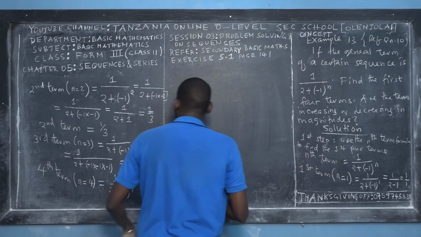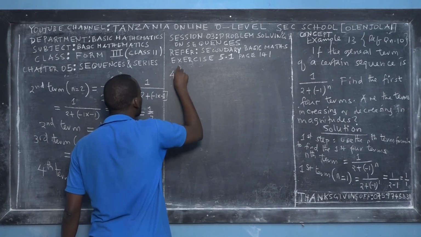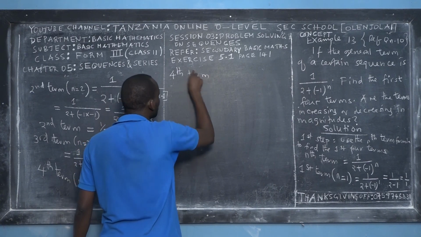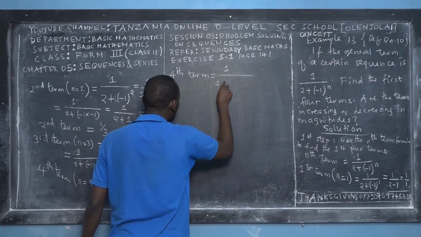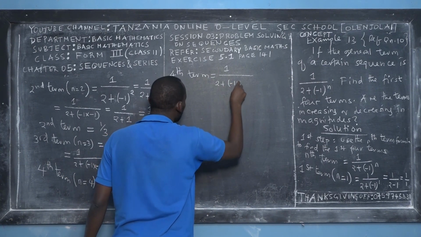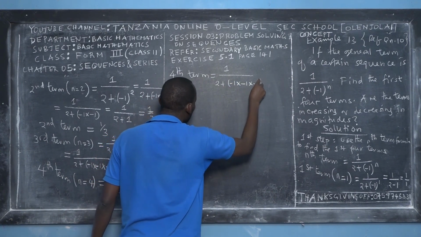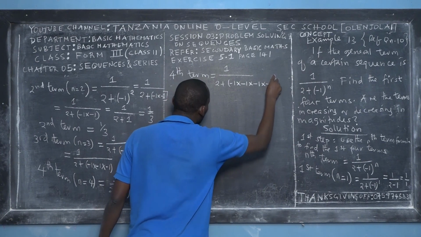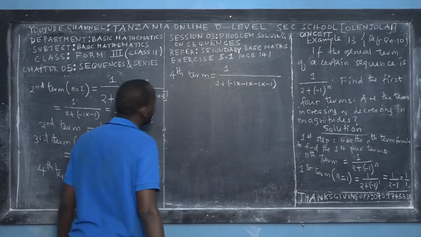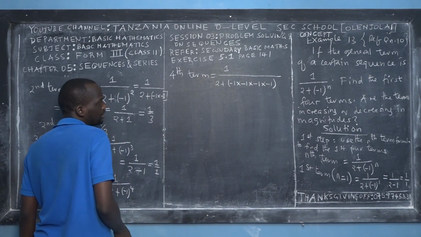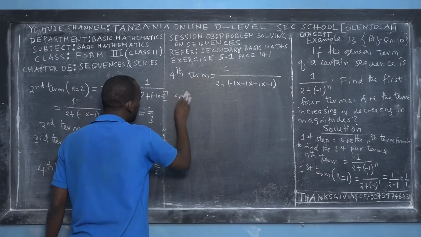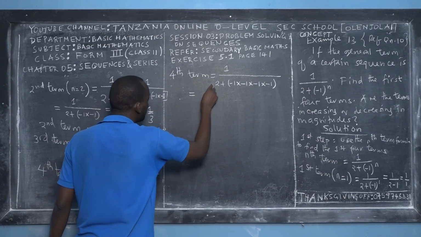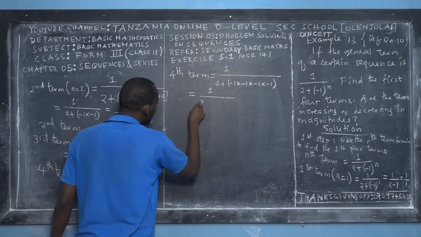We say that the first term should be 1 over 2 plus negative 1 times negative 1 times negative 1 times negative 1. Right? Then we say that the first term is equal to 1 over 2.